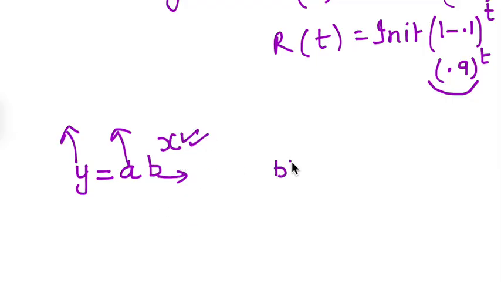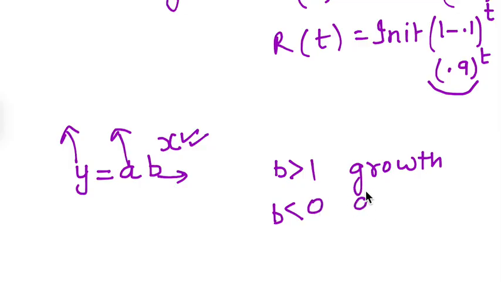If b is greater than 1, growth is happening because we are adding something to 1. If b is less than 1, decay is happening. Now this concept will make us understand the question better.